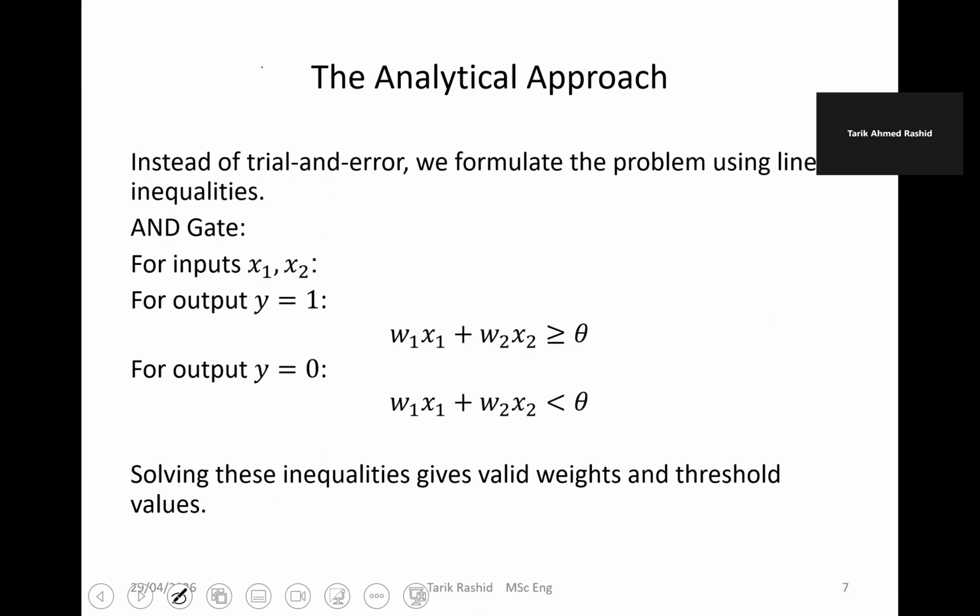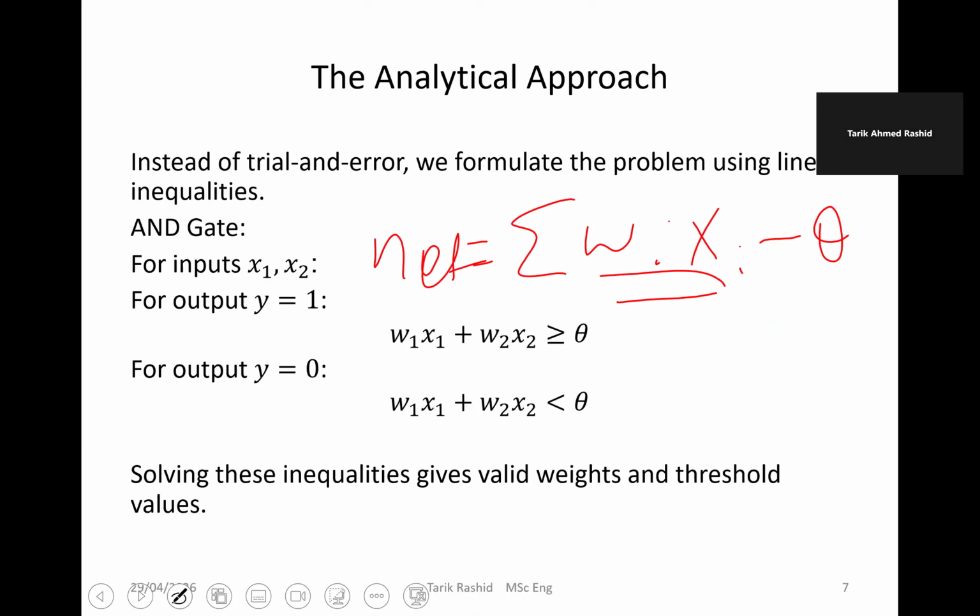Now, if we have sigma of wi times xi, where i is the index, that is your net, and minus theta, that's your threshold. If this net is greater than or equal to theta, then that's positive. Otherwise, it's negative.